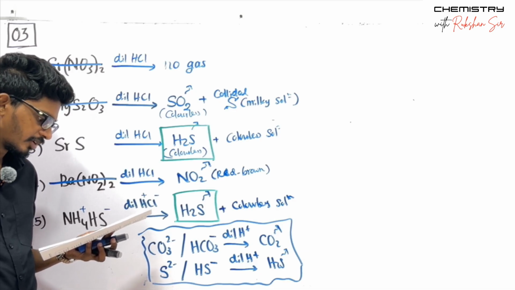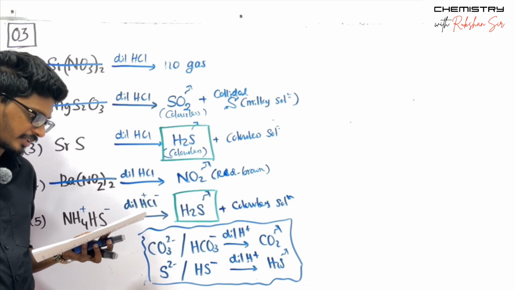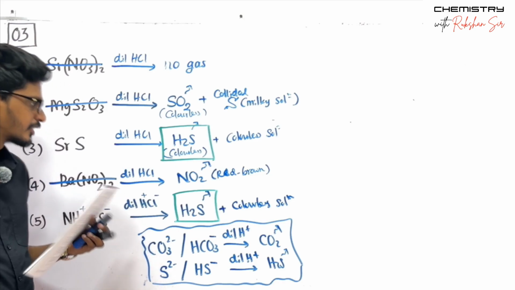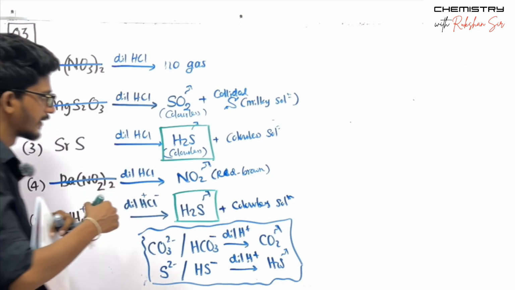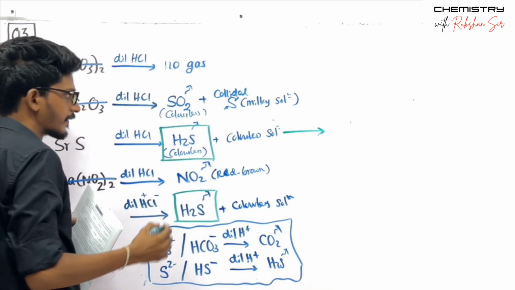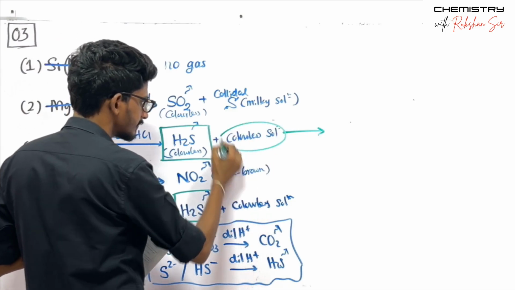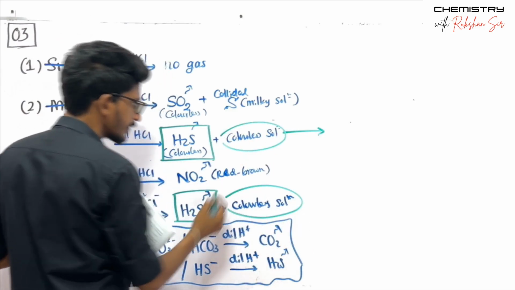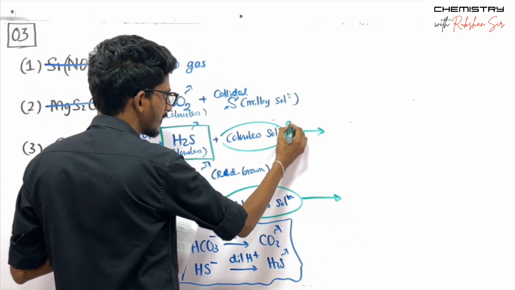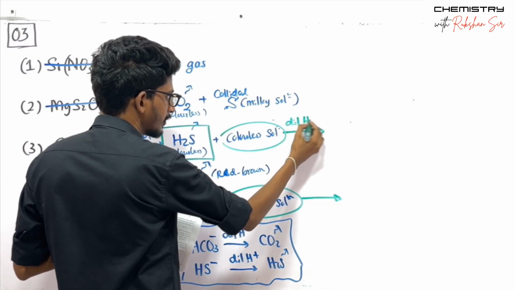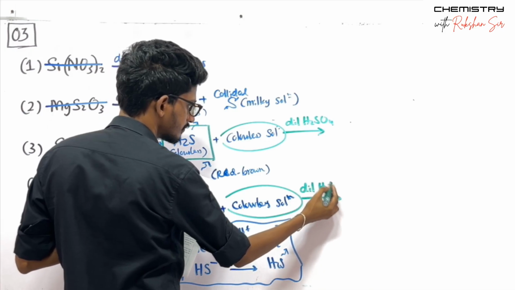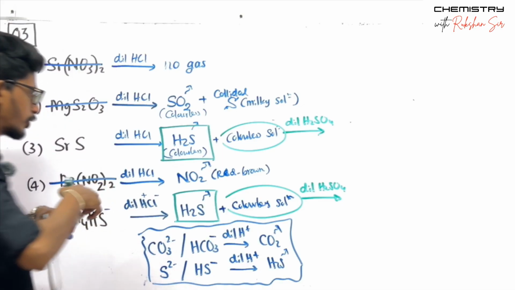The gas produced above converted an acidic chromate solution to green, and the solution formed above gave a precipitate with dil. H2SO4. Let's first copy the solution here.